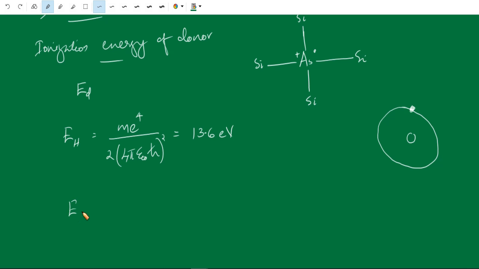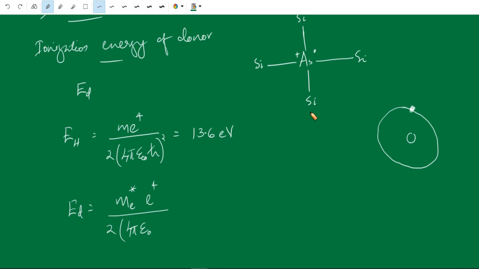So here ED is equal to, where in the hydrogen case the mass m is the mass of the electron. But in the case of this impurity atom, the mass of the electron is replaced by the effective mass of the electron in the periodic potential. This is given by me star, and the charge of the electron is e only, so e raised to 4 divided by 2 times 4 pi epsilon 0.